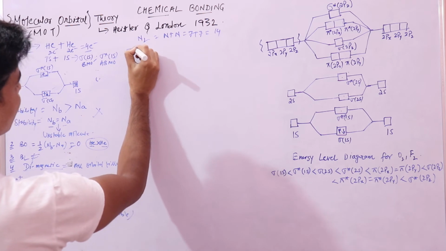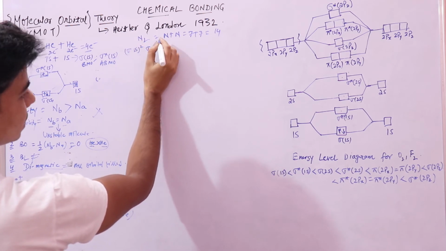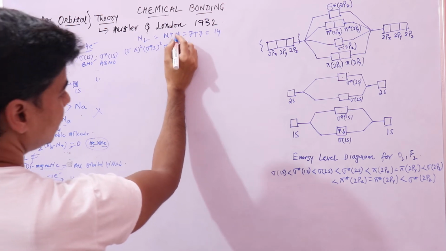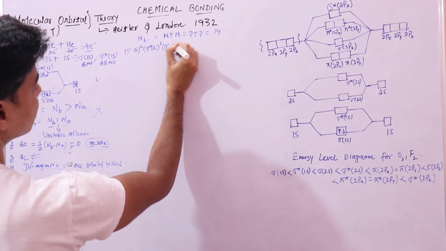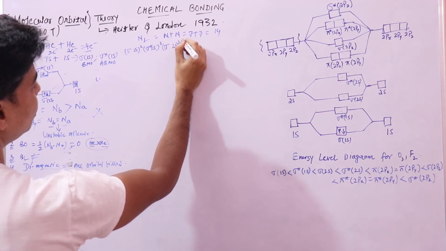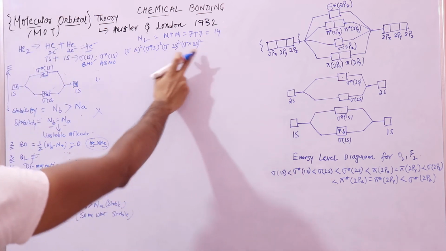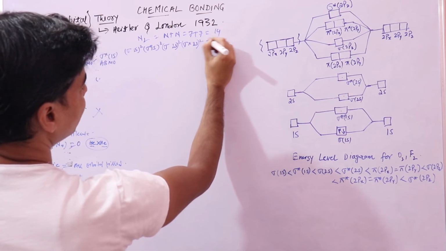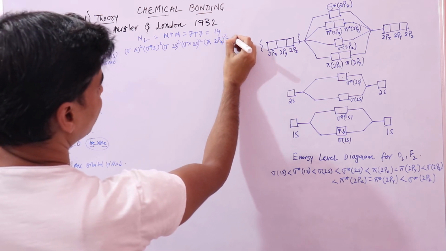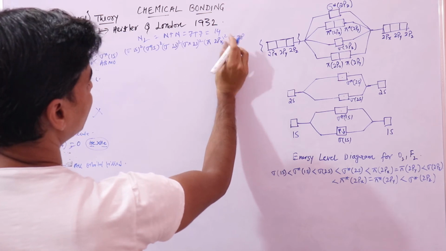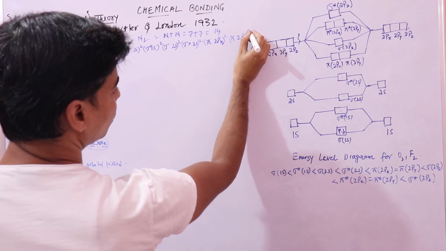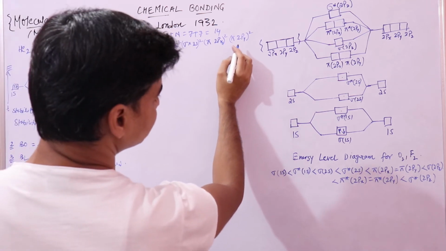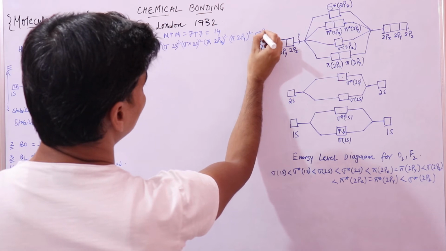The electronic configuration for the nitrogen molecule would be: first sigma 1s2, sigma star 1s2, then sigma 2s2, sigma star 2s2, that is 8 electrons. Then you have pi 2px2, equal to pi 2py2, and the last one is sigma 2pz2.